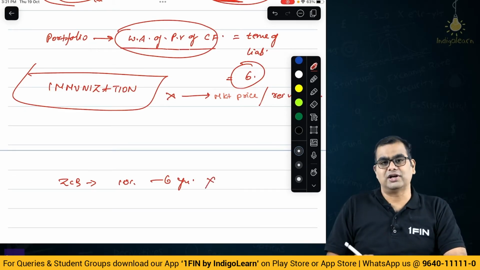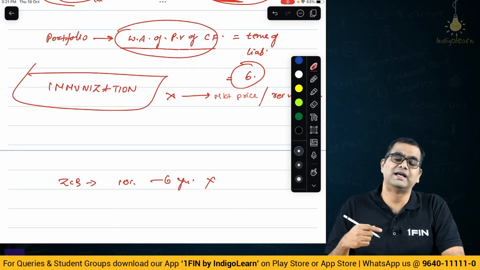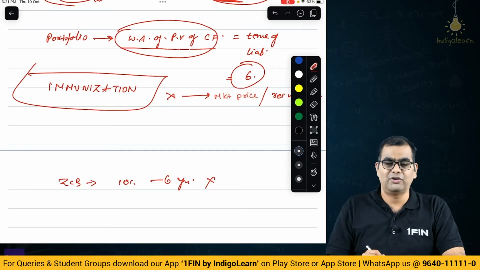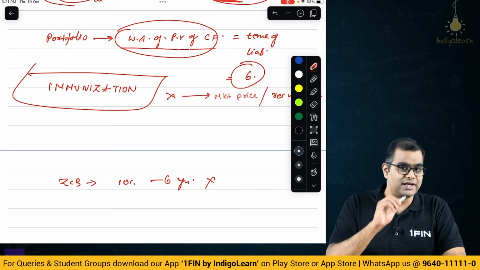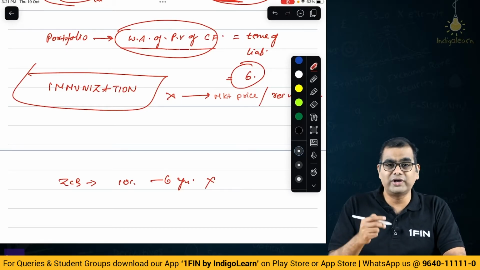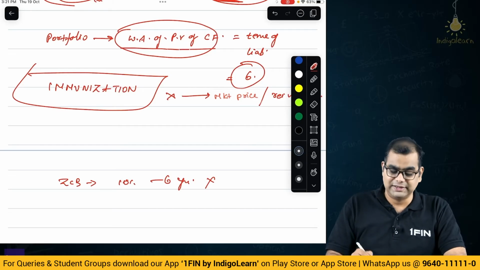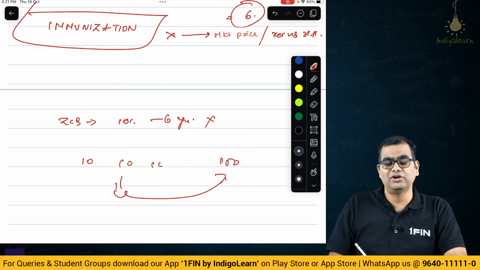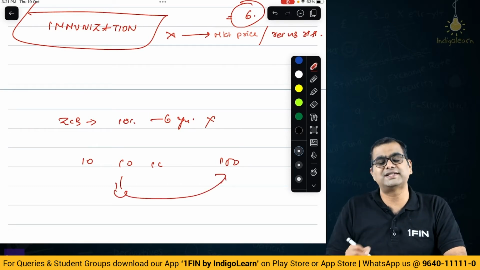So zero coupon bond is always there. But if a bond does not exactly exist for your liability tenure, which is 6 years, or if there is a 6-year bond but you get the intermediate interest flows, 10, 10, 10, 10 and then 100, this 10 you'll have to again reinvest, no? You have to assume that for the next 4 years, you get the same 10% interest.